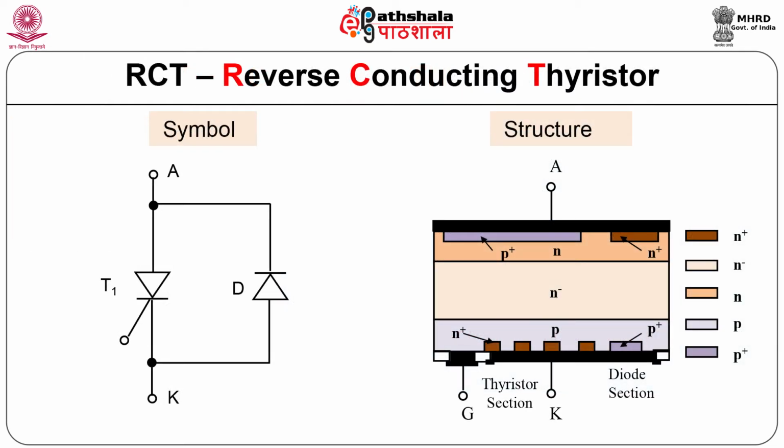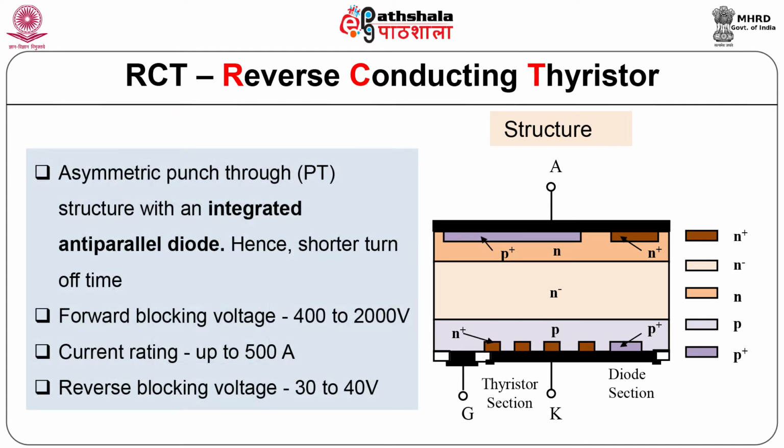Next thyristor is the reverse conducting thyristor. The symbol is shown in the figure and the structure is also shown. So, it has two sections. First is the thyristor section and another is the diode section, which is shown at the right hand side of the figure. It is an asymmetric punch through structure with an integrated anti-parallel diode.